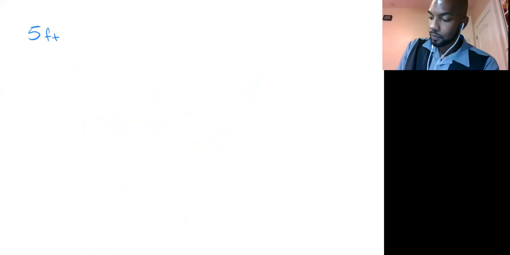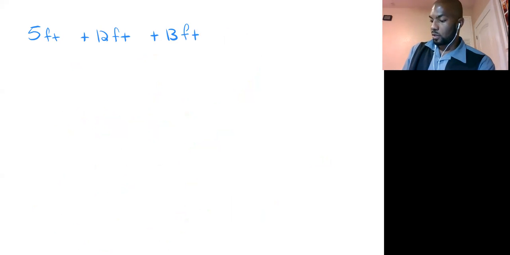Do these represent the measurements of a right triangle? So my measurements are 5 feet, 12 feet, 13 feet. Okay, I'm going to remove this plus because that's not what we were talking about. That was a brain fart.